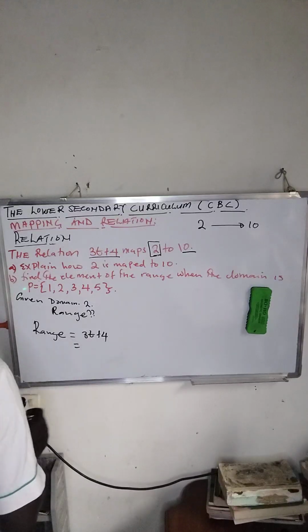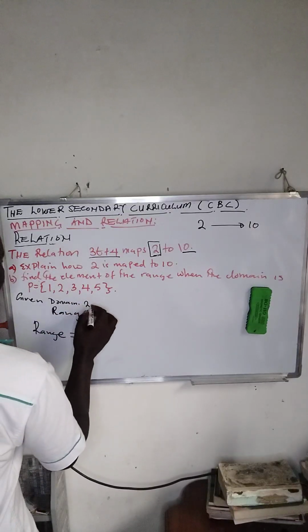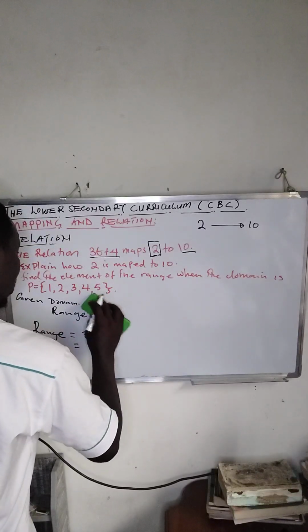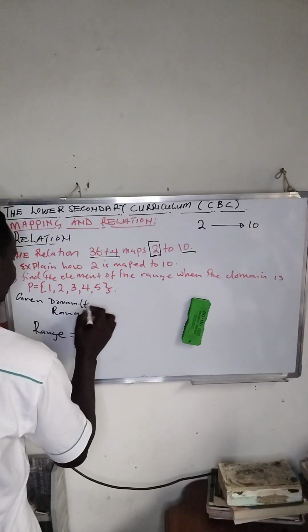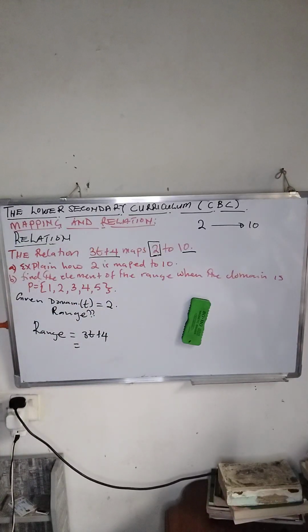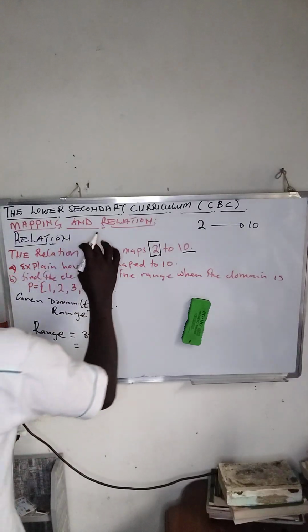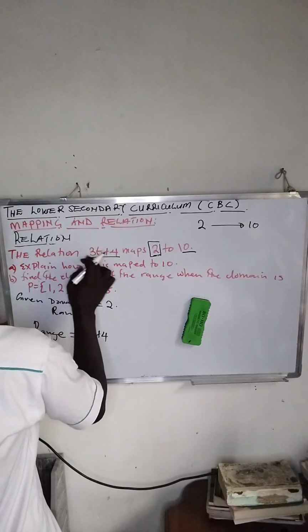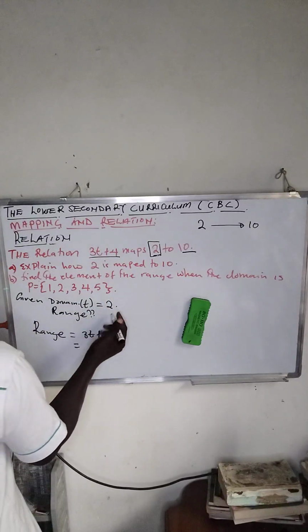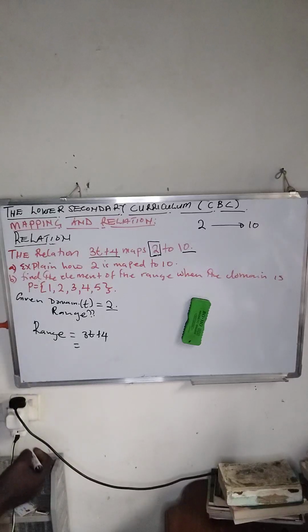And now our value of t, the domain, is going to be t equal to 2 altogether. Now we need to obtain the range. Remember, the relation has a variable which is t. It is the one which is going to be inserted here, and we obtain the range.